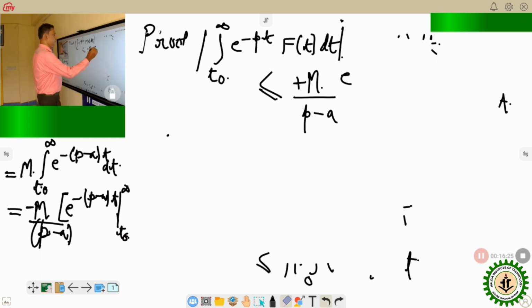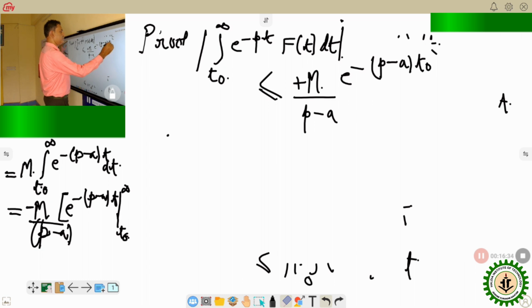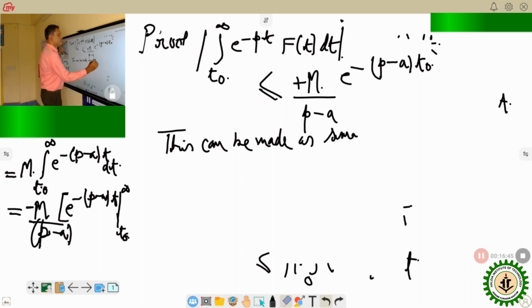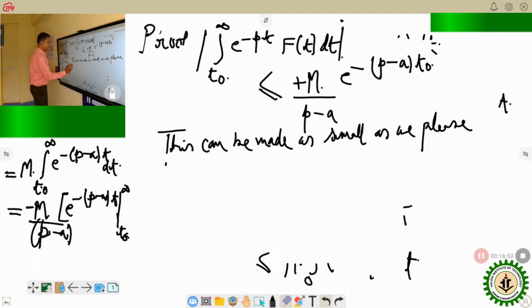Then this value will be equal to e to the power minus (p minus a) times t0. Now this can be made as small as we please by making t0 large.